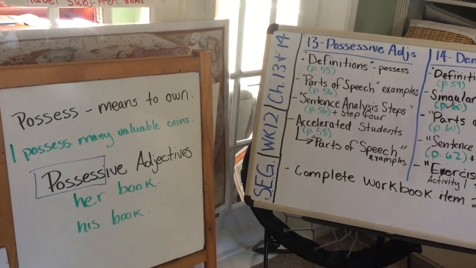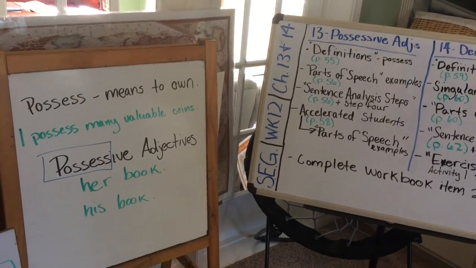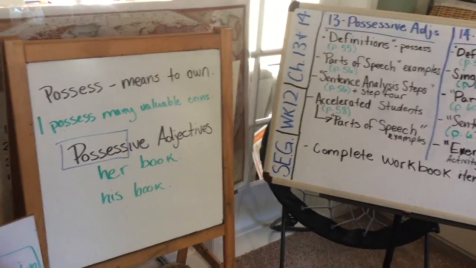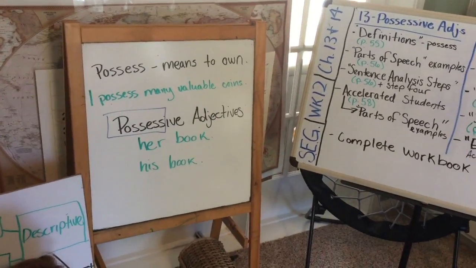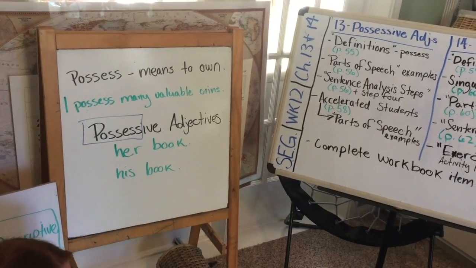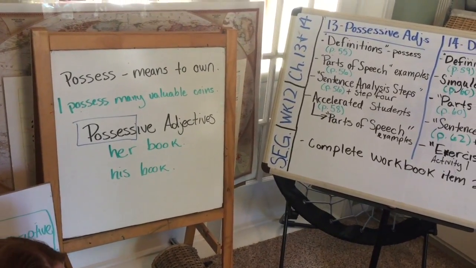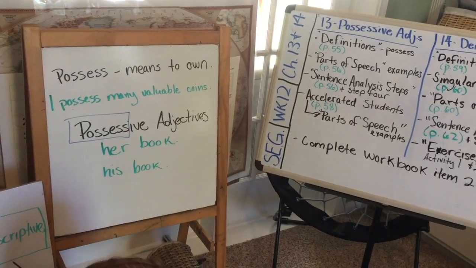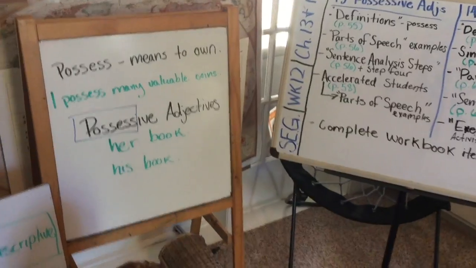Instead of saying, I possess a book, you would say, this is my book. That is your pen. That is her book. That is his book. His chair. Her, his, my, your. Those are all possessive adjectives, and they tell who owns it.